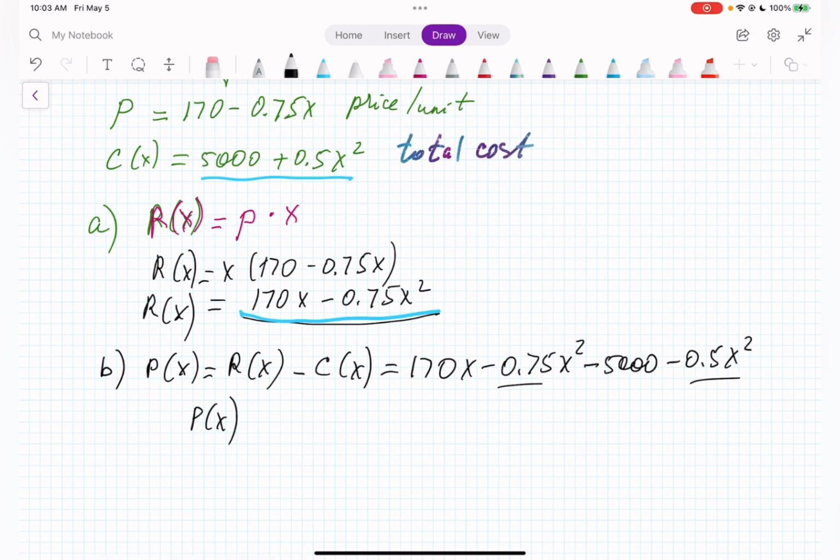So P of x is equal, I'm going to put first x squared in descending order: negative 0.5x squared, negative 1.25x squared plus 170x and minus 5,000.